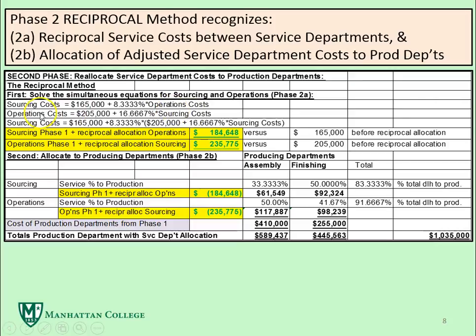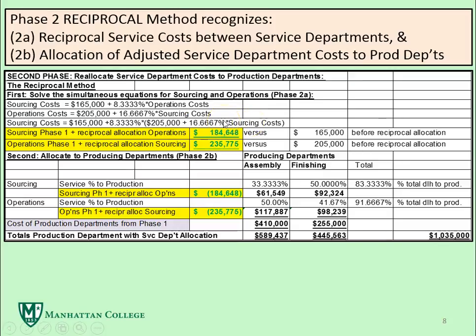Since operations cost can be expressed in terms of sourcing cost, we can now substitute the operations cost into the sourcing cost. So sourcing costs are now $165,000 plus 8.3%, but instead of saying 8.3% of operations cost, it's 8.3% times, in parentheses, $205,000 phase 1 operations cost plus 16.667% of the sourcing cost.